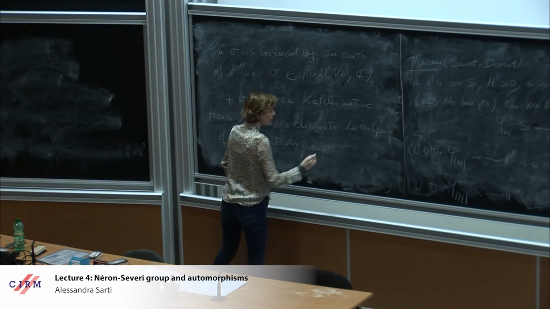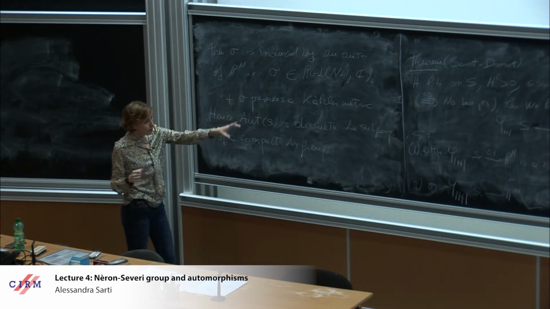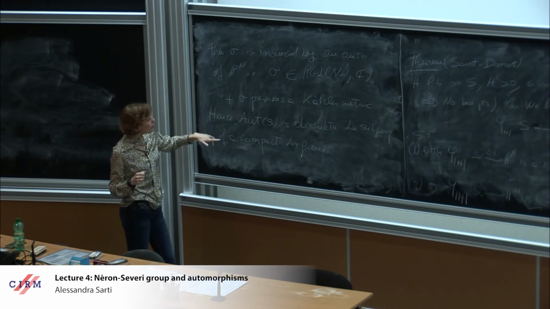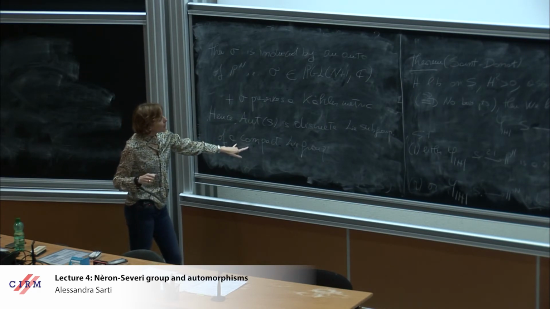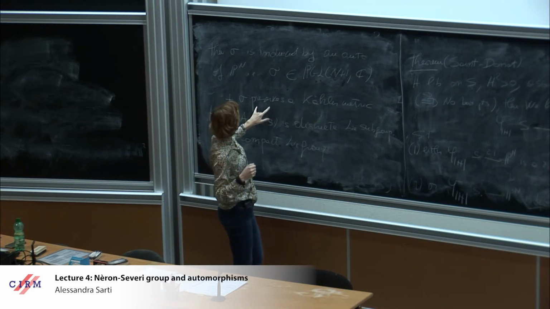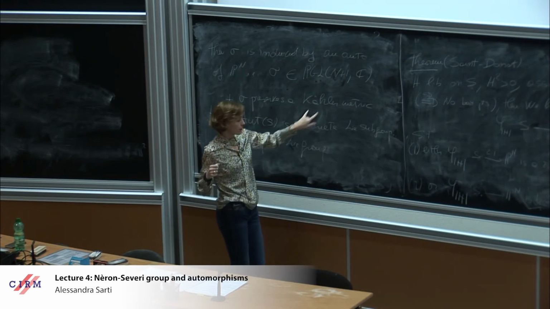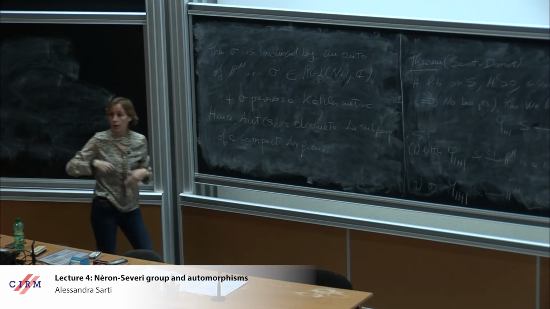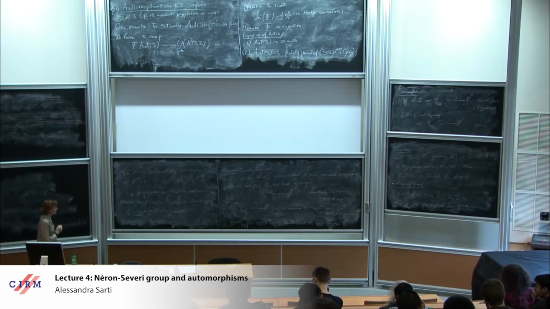Okay, don't worry too much about that. PGL is not compact, but any time that you preserve a metric, it becomes compact, like orthogonal matrices in invertible matrices. But then it's finite. This is the first step.